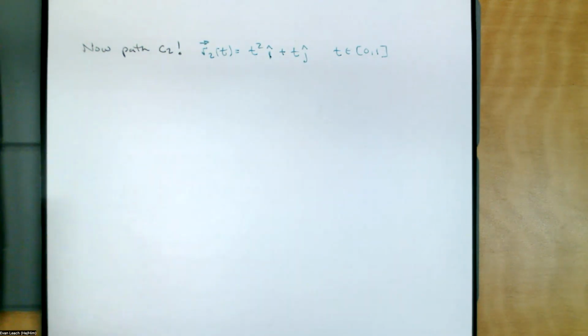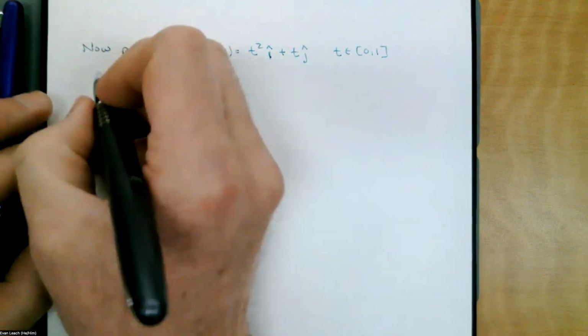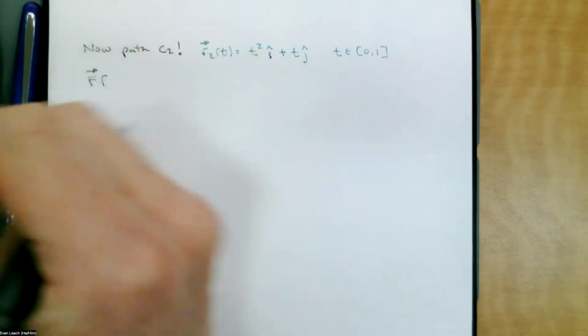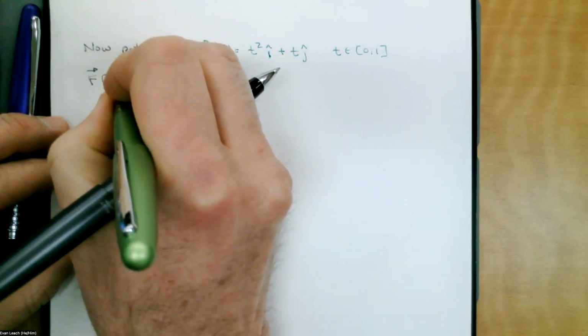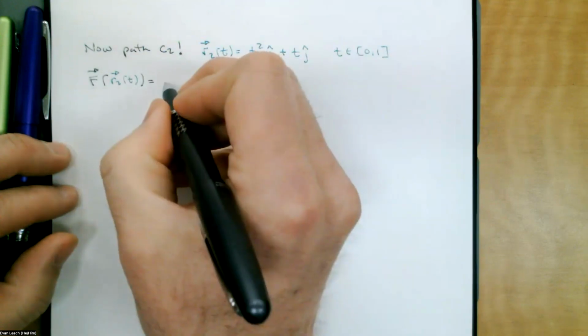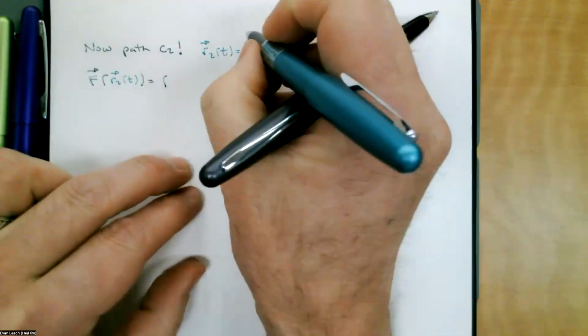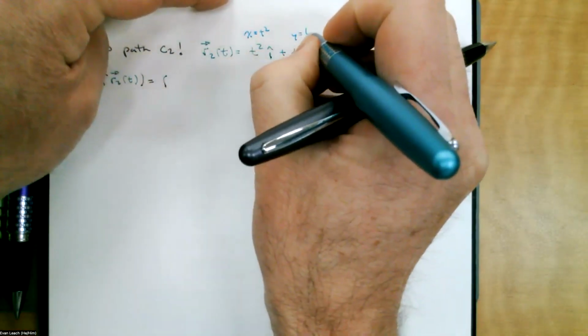So the other parts that we need are going to be the vector field evaluated at R2. So here, the x is going to be t squared, and y is equal to t.